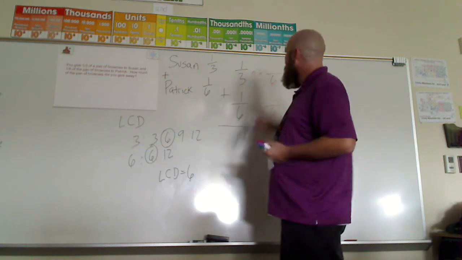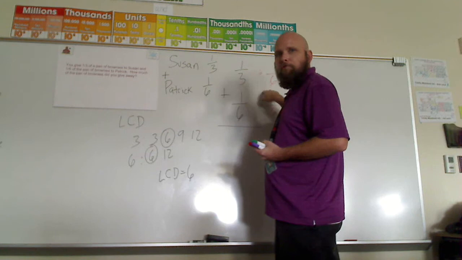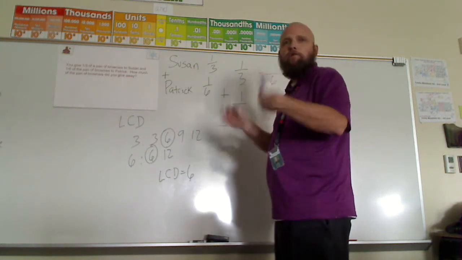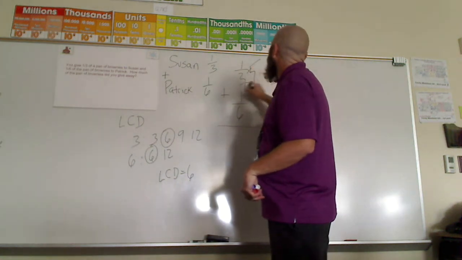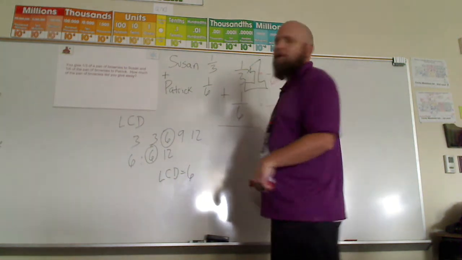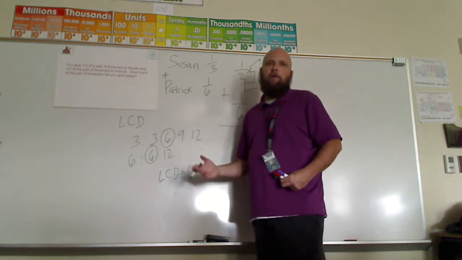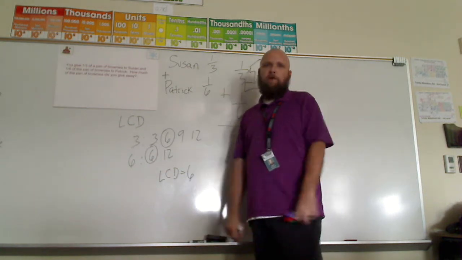And as we know, we can see here that we're going from a denominator of 3 to a denominator of 6, which means our numbers are getting bigger. So that means we need to multiply. And we need to multiply by a fraction that equals 1 because we don't want to change the value. Anytime you multiply or divide a number by 1, the value remains the same. So booyah, that's what we want.